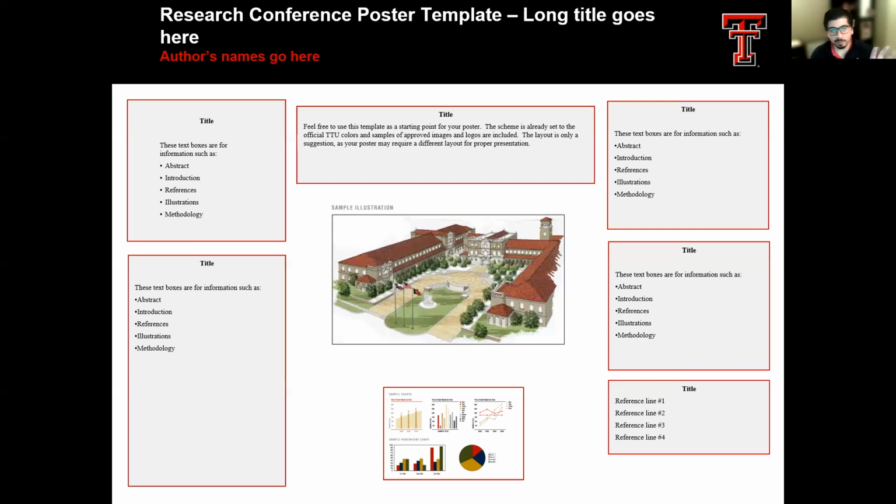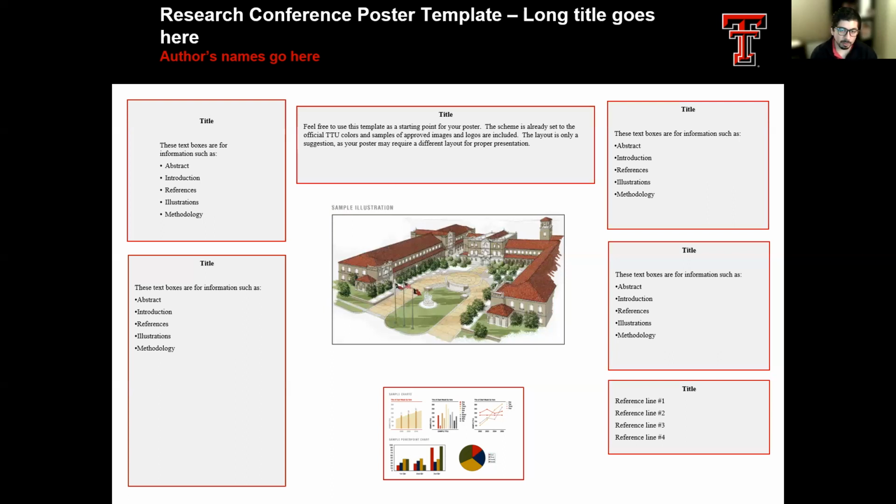That would generally be where your abstract would be, maybe an introduction. And you'll see eyes tend to go diagonally. You'll start at that left hand, your eyes will drift to the middle, and generally in the middle we have a sample illustration there, but this would be where you would want to put your charts, your graphs, your images, if you have those, because that tends to be the hot zone, right?